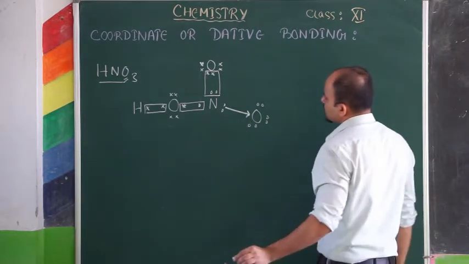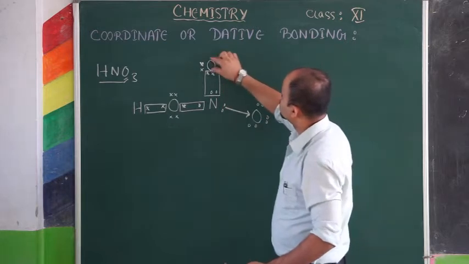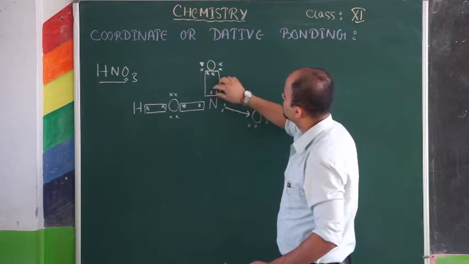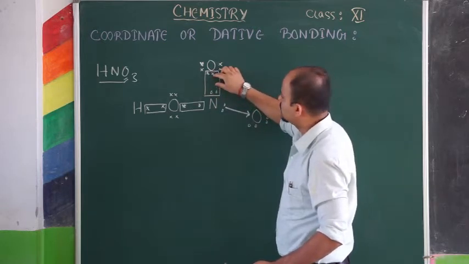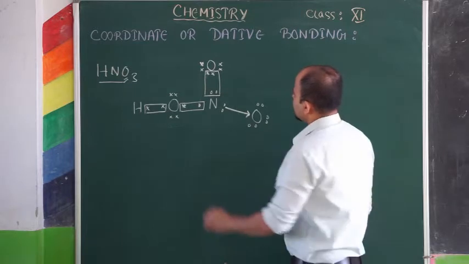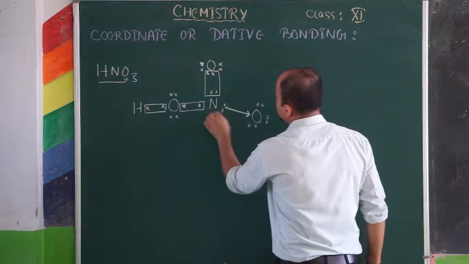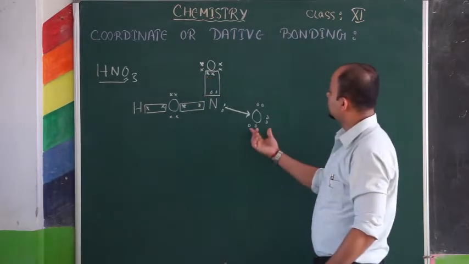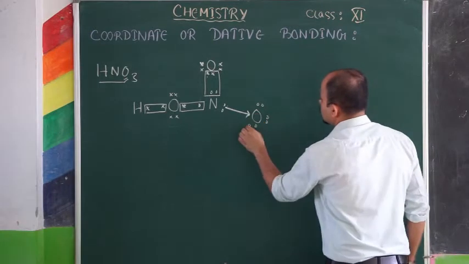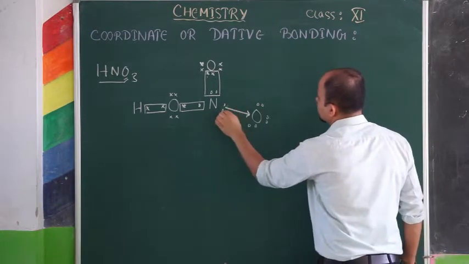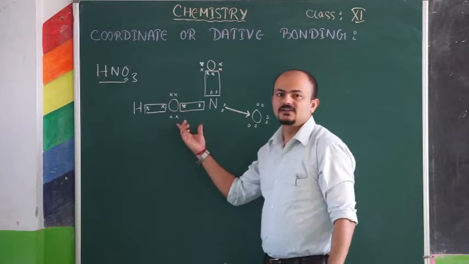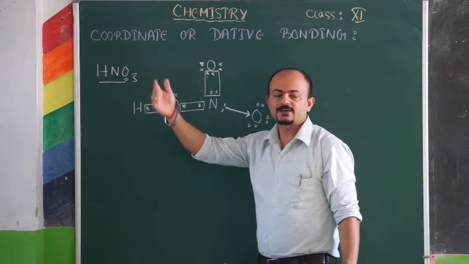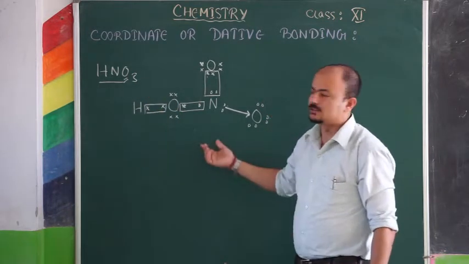Now let's count the number of electrons. For this oxygen, 6 was already present, and now 2 from the nitrogen atom have been involved in covalent bond formation, so 6 plus 2 is 8. For this nitrogen, we can count 1, 2, 3, 4, 5, 6, 7, 8. Its octet is also fulfilled. And for this oxygen, 1, 2, 3, 4, 5, 6, 7, 8. Therefore, the atoms in HNO3 have now acquired the noble gas configuration.